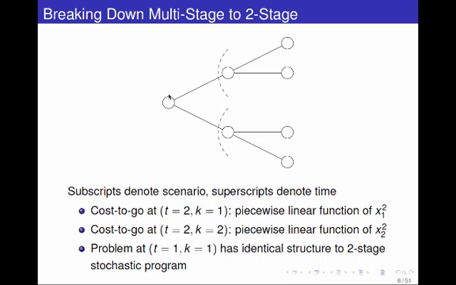Now, there's a little but over there. What is it that you want to make sure is true before you jump to that conclusion? What was the trick that we used in the L-shaped method?